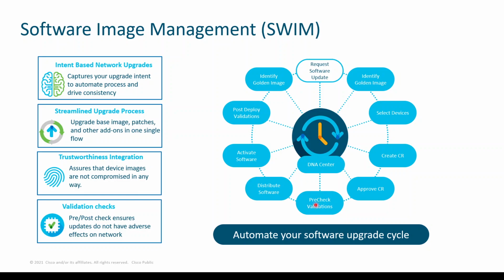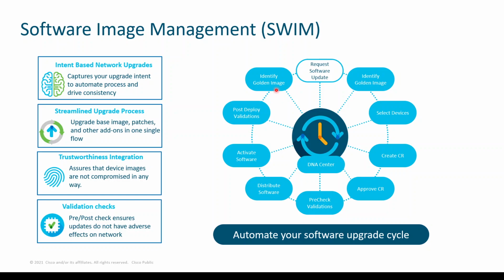That will include doing some pre-check validations, distributing the software, which is pushing the image onto the flash, and activating the software, just kicking off the upgrade. After the device comes back, DNA Center will do post-deploy validations. You can then compare pre and post to see if something changed.